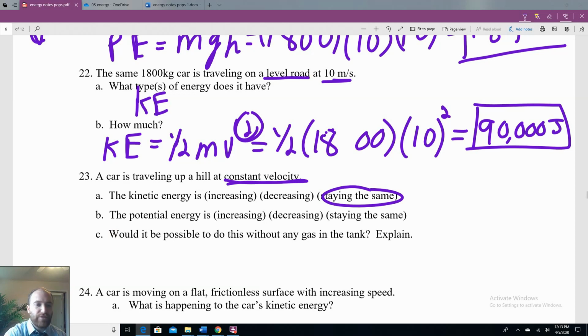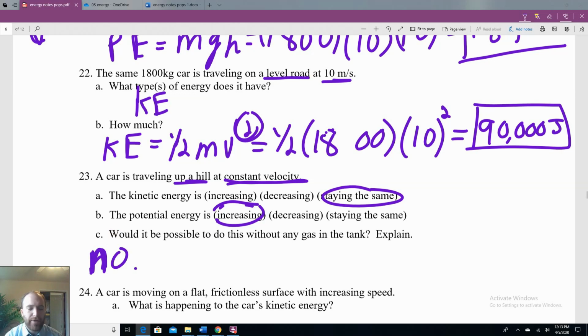The potential energy, well, if we go up a hill, then we're gaining in height, right? When you go up a hill, you're higher up than you were. So I would say the potential is increasing for this problem. Would it be possible to do this without any gas in the tank? The answer to this one, hopefully you're thinking the answer is no, and it is. No, it is not. Because let's think about it like this.